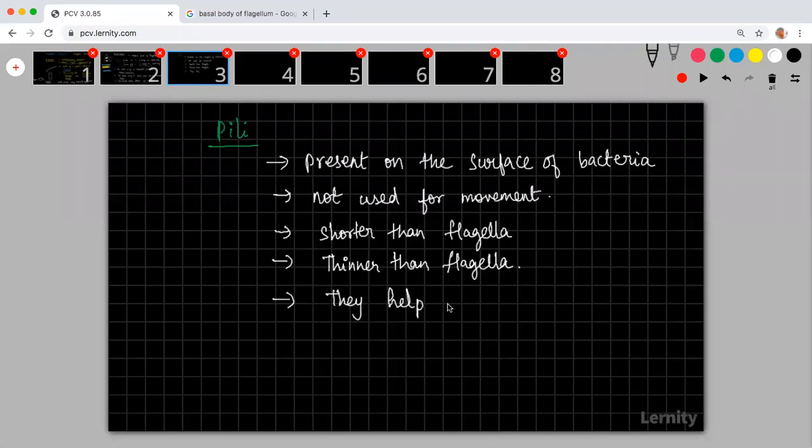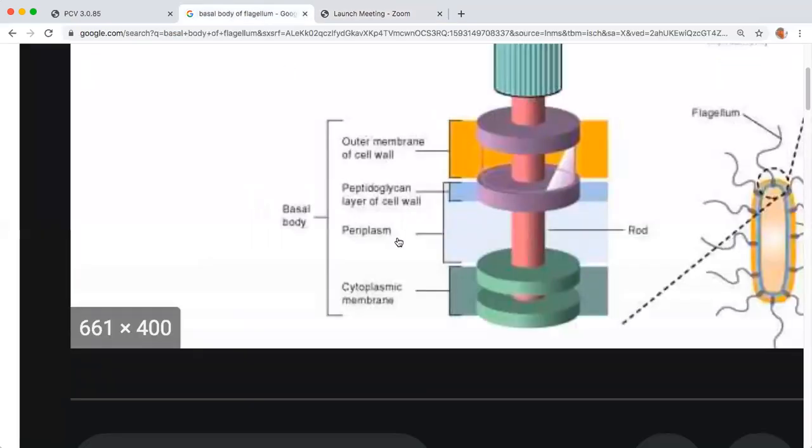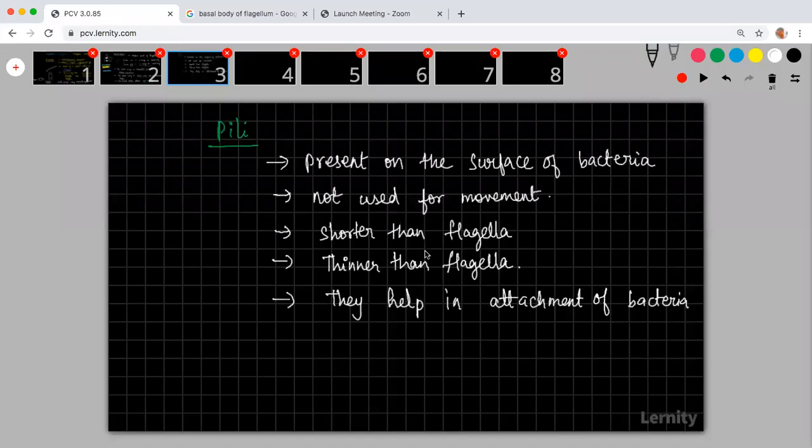They help in attachment, while conjugation.